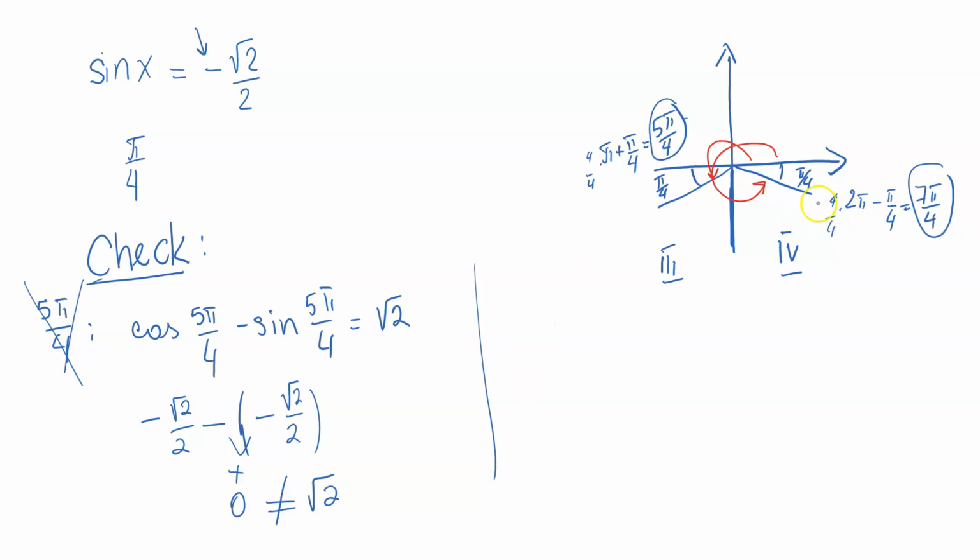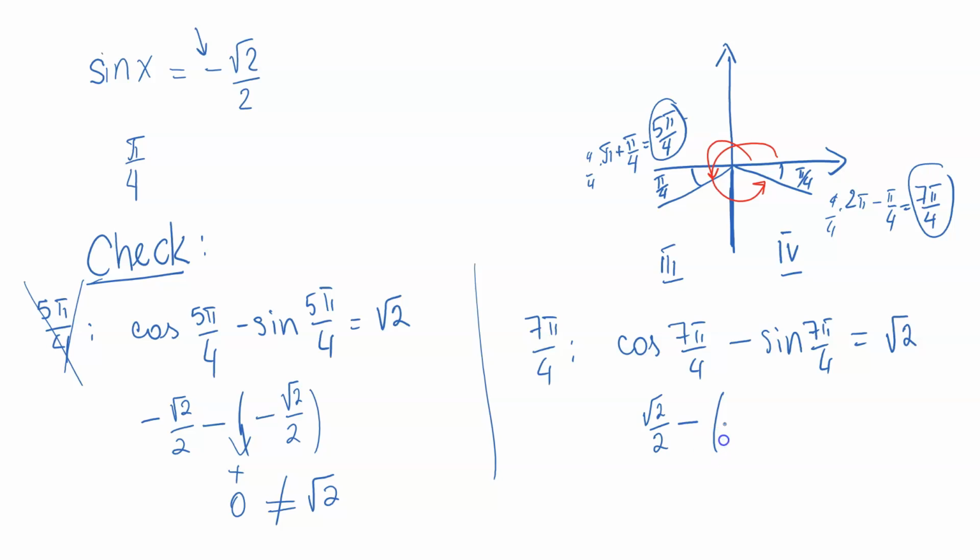Now let's check the other one, 7 pi over 4. Cosine of 7 pi over 4 minus sine of 7 pi over 4 is equal to radical 2. Cosine of 7 pi over 4 is radical 2 over 2, minus sine of 7 pi over 4, which is negative radical 2 over 2, should equal radical 2.